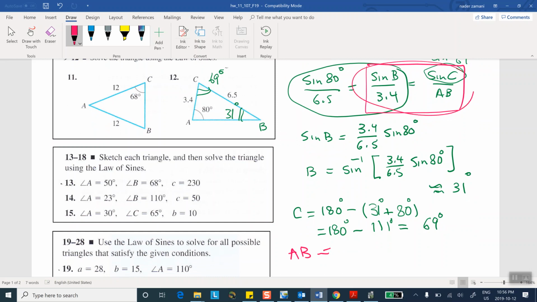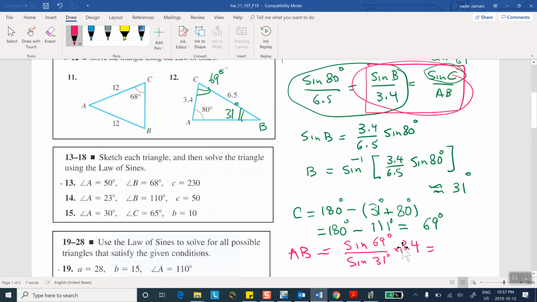I'm getting it out of these two. AB is equal to sine of C, which was 69, divided by sine of B, which was 31, and it's going to be times 3.4. All right, so let's go ahead and do this.